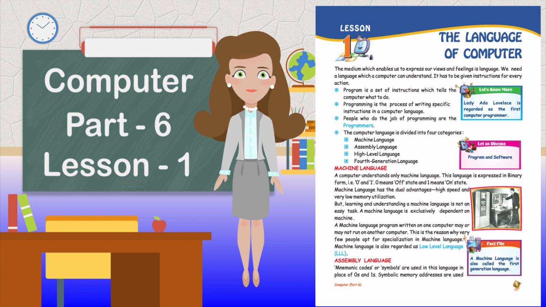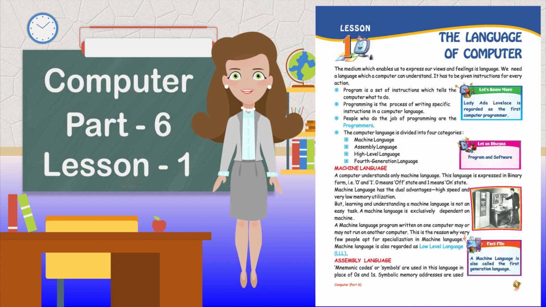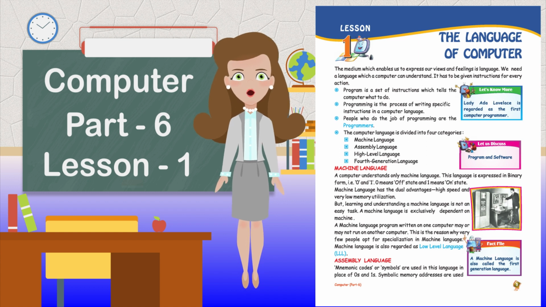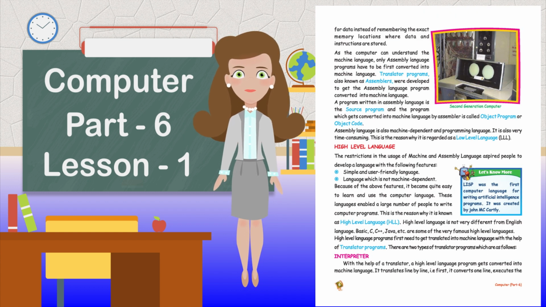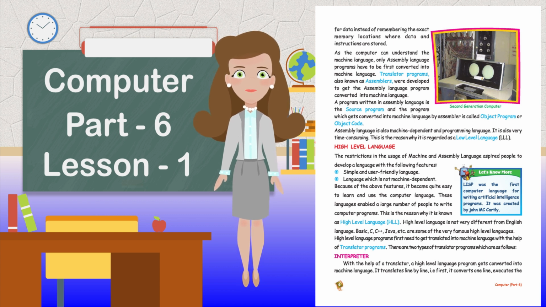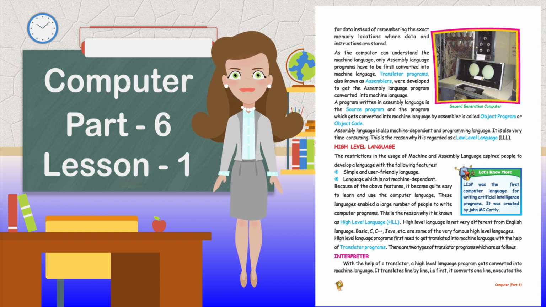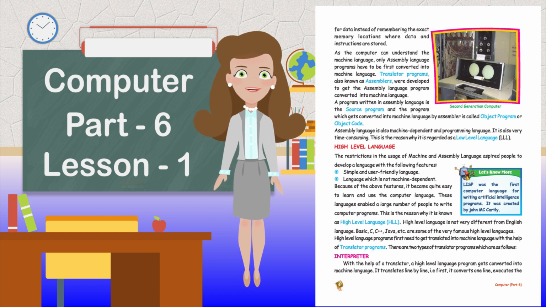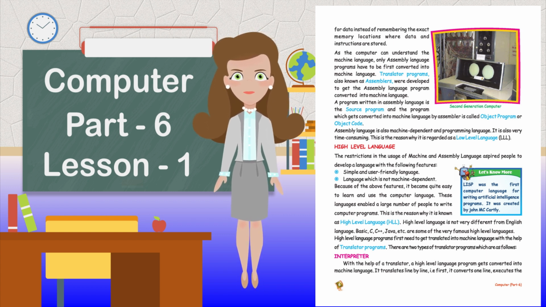Assembly language. Mnemonics, codes or symbols are used in this language in place of zeros and ones. Symbolic memory addresses are used for data instead of remembering the exact memory locations where data and instructions are stored.